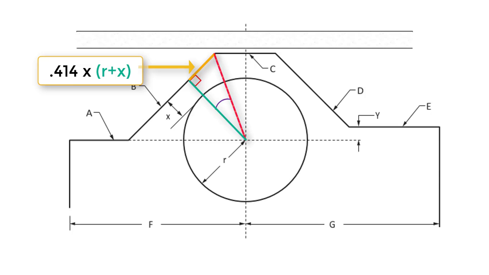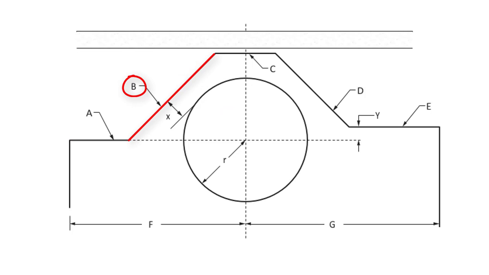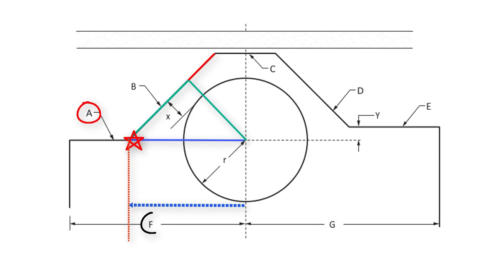We can use that to add to our previously calculated length of the secondary triangle to get the total length of B. For dimension A, we can use the secondary triangle short dimension to calculate its hypotenuse, which gets us here. So deduct this from F, and you get dimension A.